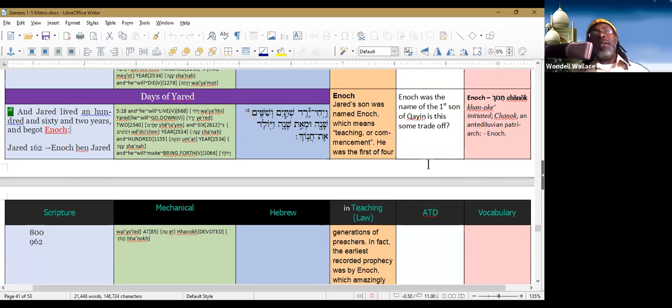So when I say there's some kind of trade-off, it makes me wonder, because some of the names in Cain's genealogy actually mimic the same names as Adam's. Now, I don't know what's going on here. I don't know if those 230 years that Adam and Eve just sat back, not doing anything, not having children, not being a parent.